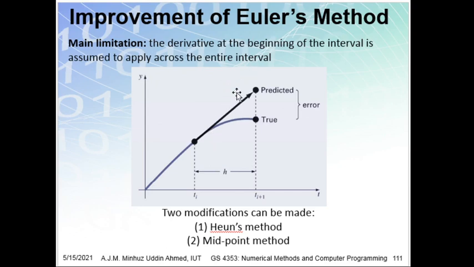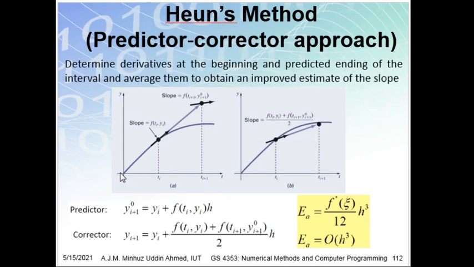So this interval h. That's why two modifications can be made. One is called Heun's method and another is called the midpoint method. So first of all, I'm going for Heun's method, which we also call the predictor-corrector approach. What does it say?